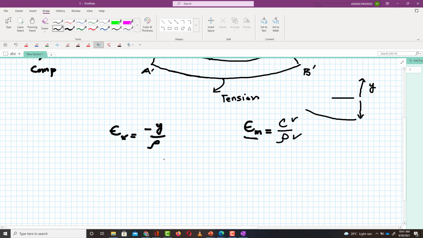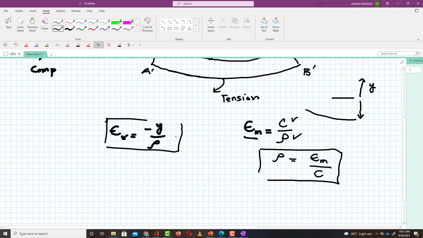And again, this rho is equal to c over maximum strain. Let me write, this is equation 1, this is equation 2, and this is equation 3. So this is strain in x direction, this is maximum strain, and this is radius of curvature.